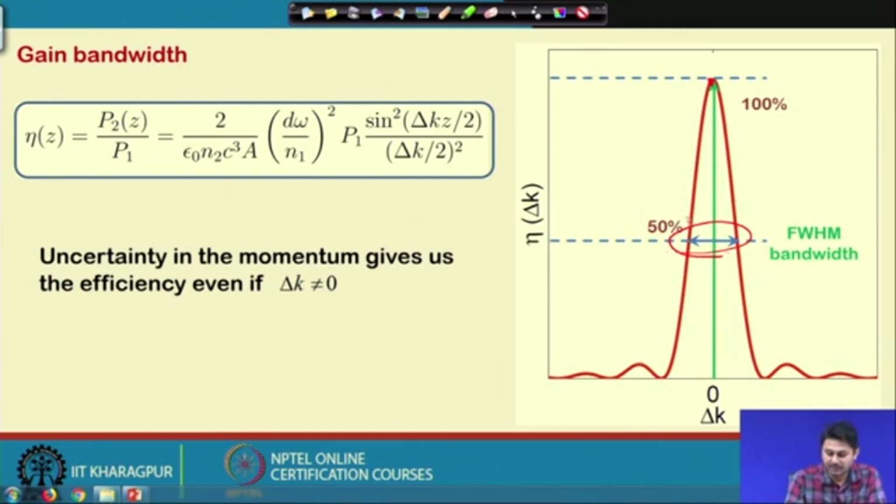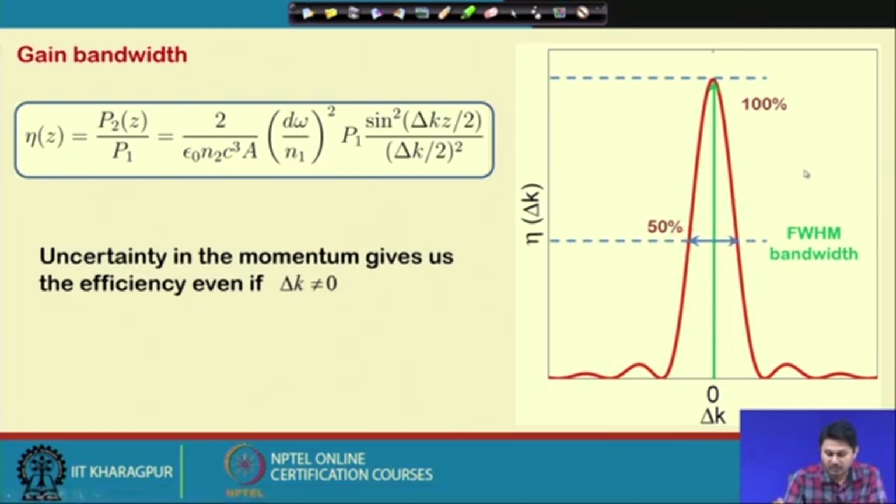This is the maxima, that means the 50% efficiency, and we try to find the width of this. So, we define full width half maxima in such a way that we have some kind of width of delta k. So, delta k is a width. Here we have some amount of width for which we are getting the efficiency, and this efficiency is around 50% of the main peak efficiency.